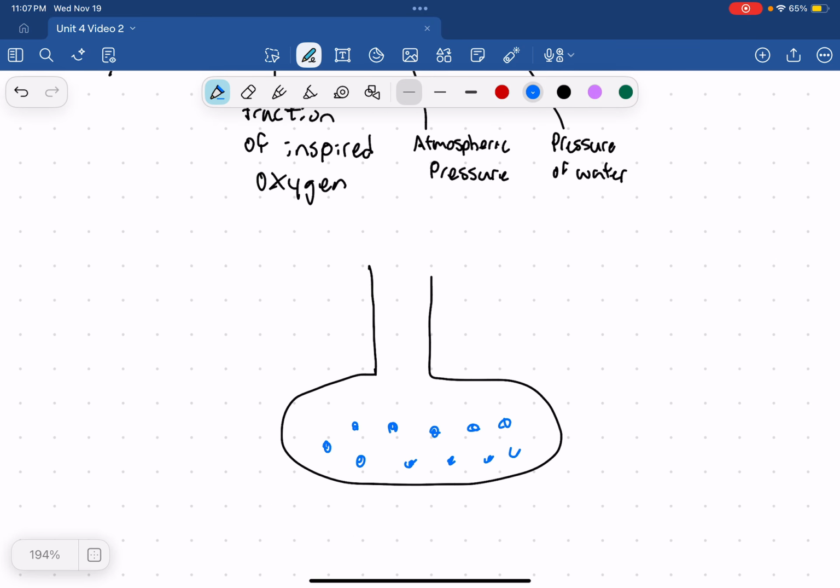Typically, a pressure of oxygen within the alveolus stands around 101 millimeters of mercury. So this is O2.